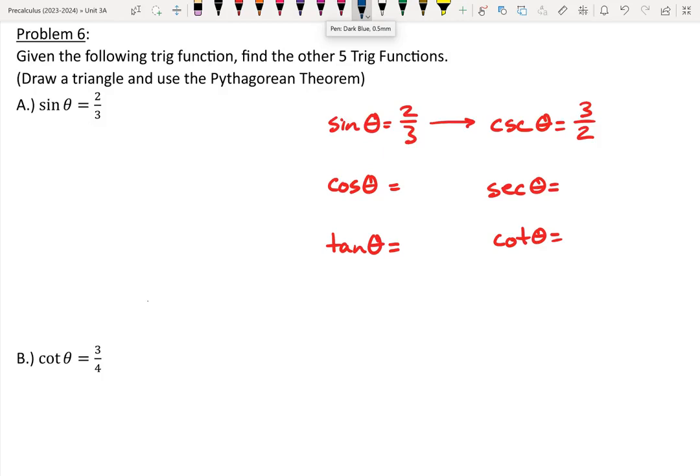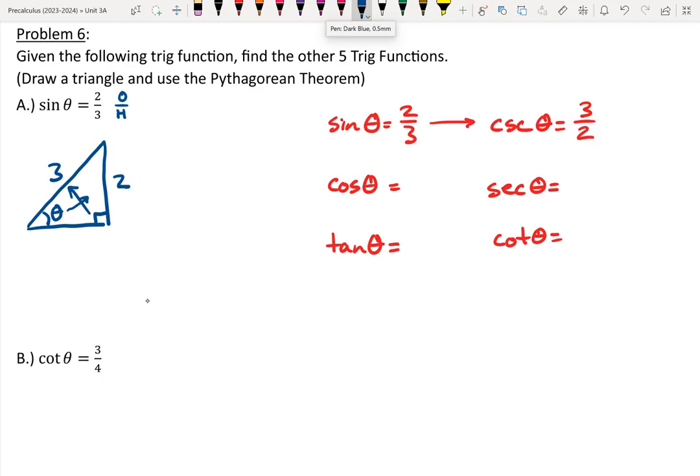So we're going to actually go into our triangle. So this requires us to build a triangle with the information we're given. We're going to say our angle theta is here. And using sine being opposite over hypotenuse, that'd be 2 and then 3.